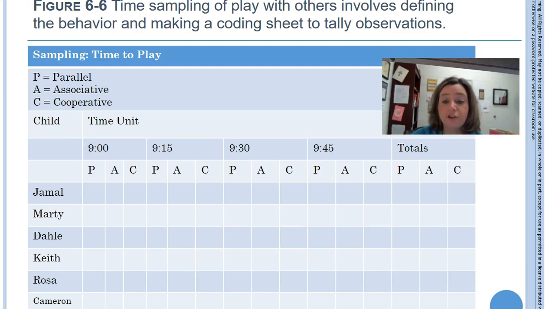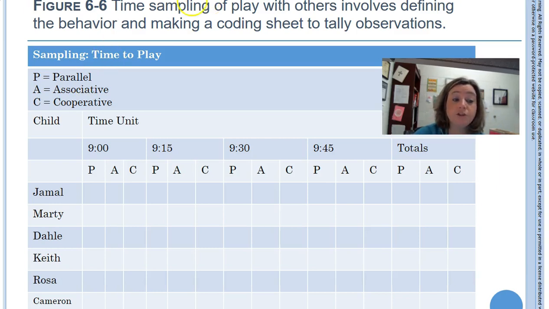So for instance, two children are in the block center and they are working on a bridge together. Whereas associative would be we're both in the block center, but I'm making this and you're making this. It's not really a common shared goal. And then parallel is I've just got two children who aren't even paying attention to each other, but they are sitting next to each other in the block center.